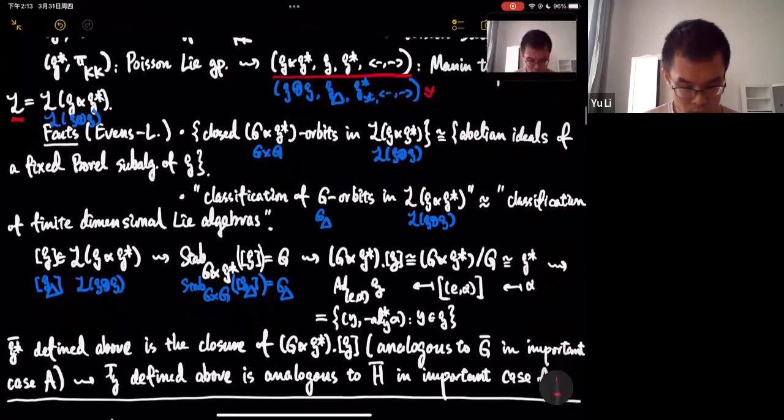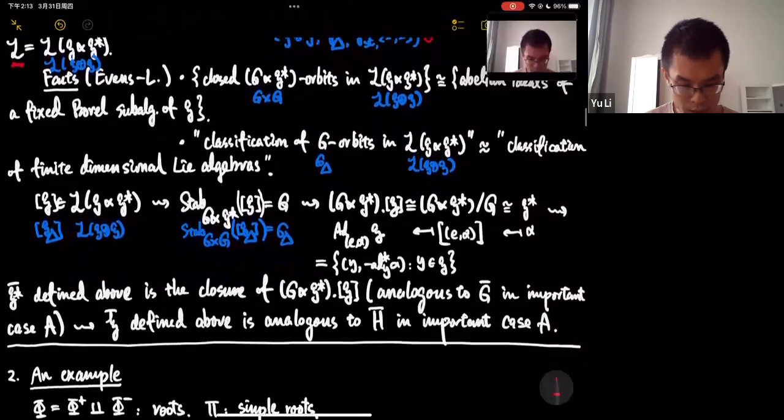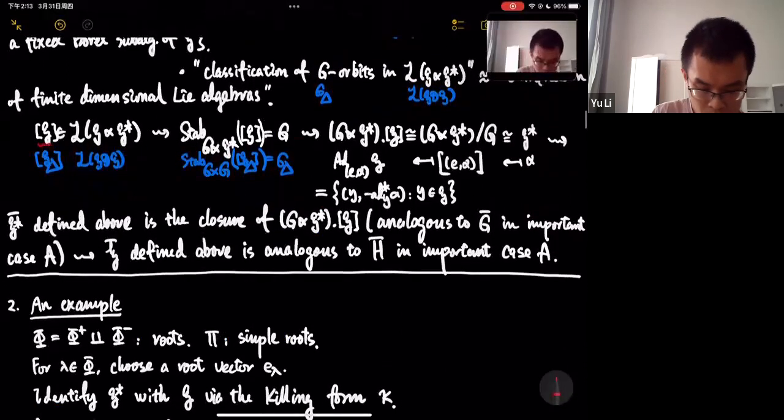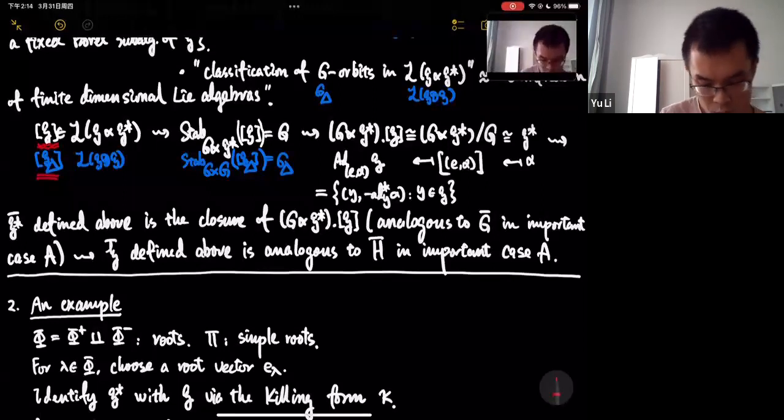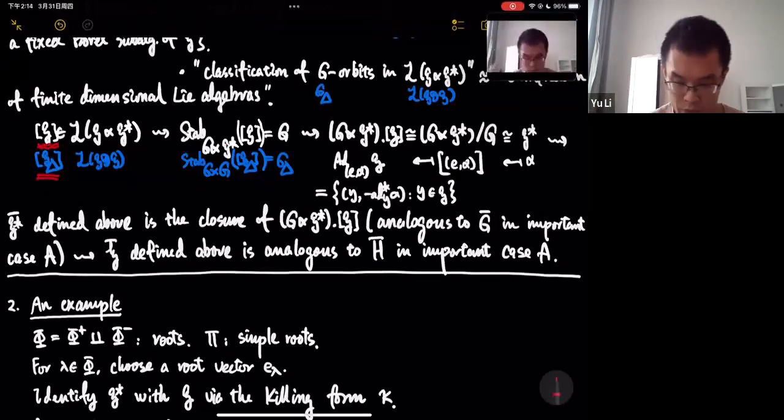In this case, I can take the point G, the Lagrangian subalgebra G of the Drinfeld double, thought of as a point of the variety of Lagrangian subalgebras, which is the analog of the diagonal G that we saw in important case A. Then we can compute the stabilizer in the Drinfeld double group G semi-direct product G star, and the stabilizer turns out to be G. So the orbit through the chosen base point of the Drinfeld double group can be identified via some computation with G star via the map I wrote here.